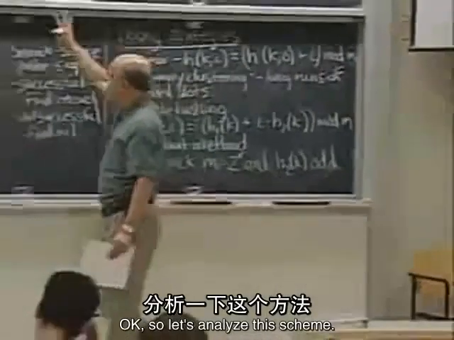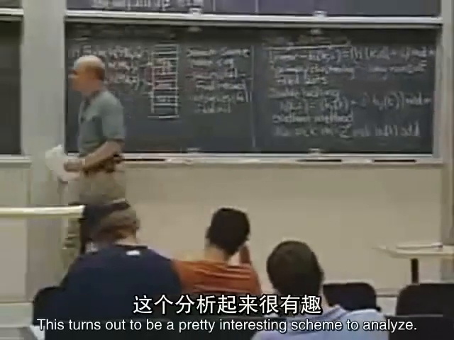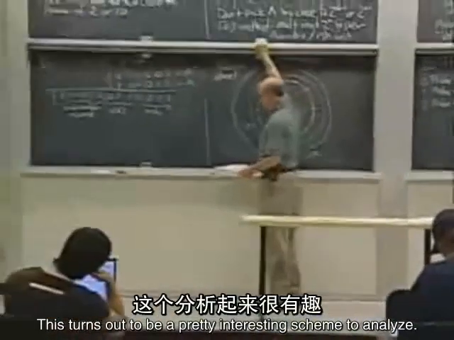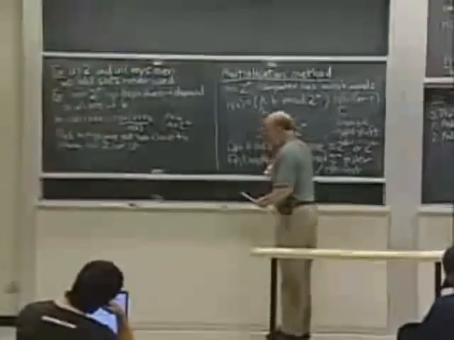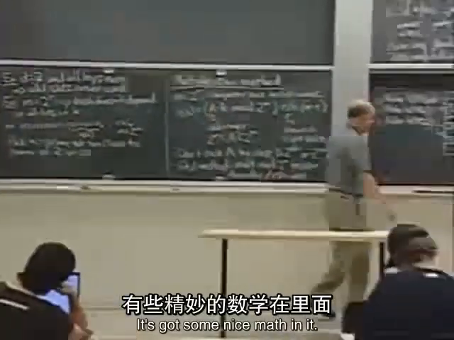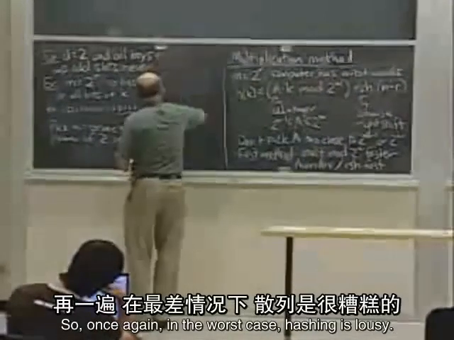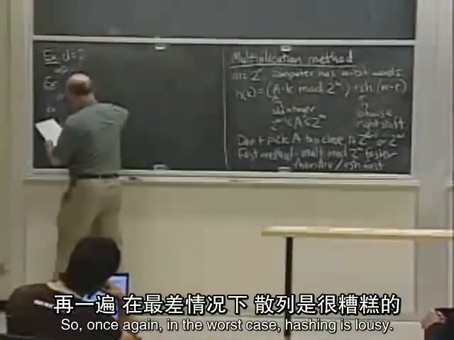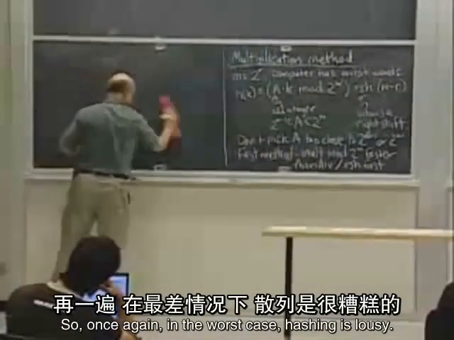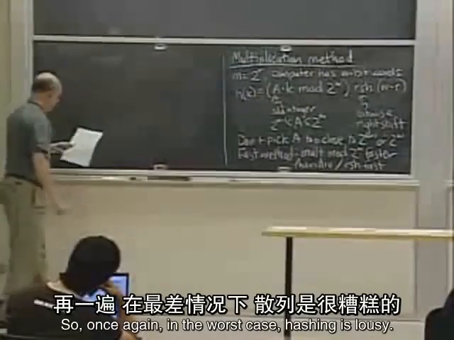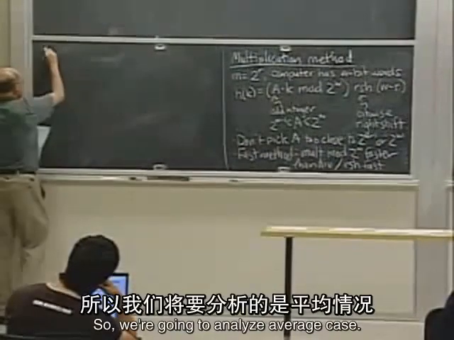Okay, so let's analyze this scheme. This turns out to be a pretty interesting scheme to analyze. It has some nice math in it. Once again, in the worst case, hashing is lousy, so we're going to analyze the average case.